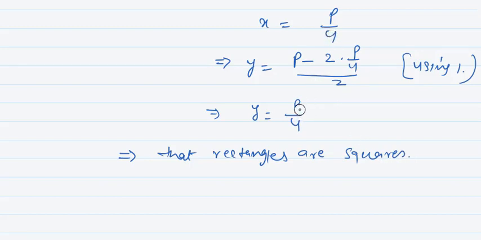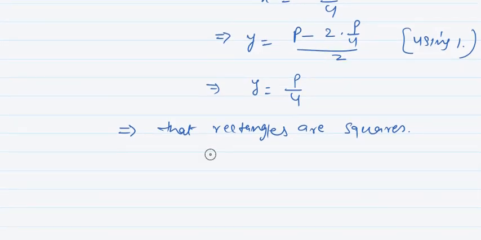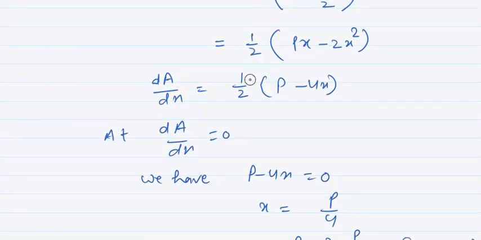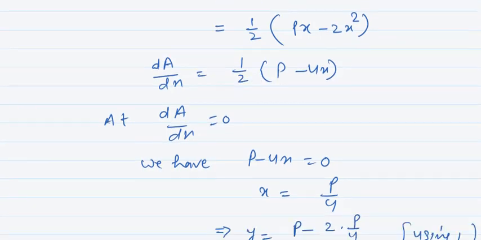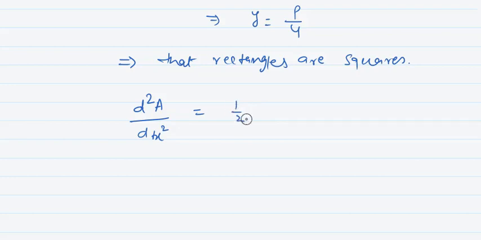Understood? Now the second part that we need to prove is that this area is largest. For that, you know very well, we need to do step number 3, that is to calculate the double derivative. That is d²A/dx², which is very well simply 1/2 into (-4), which is simply negative.